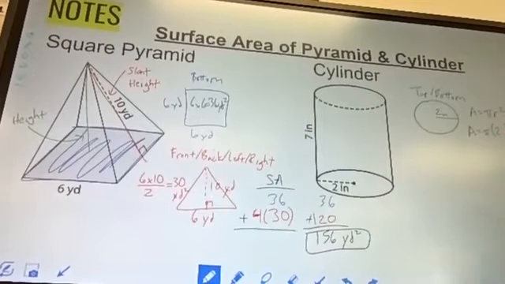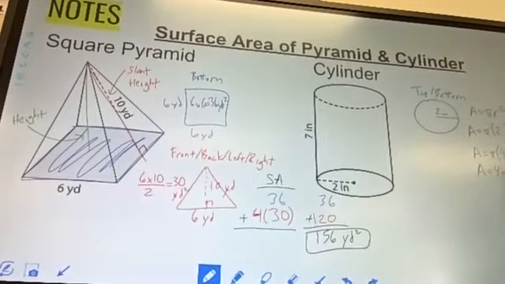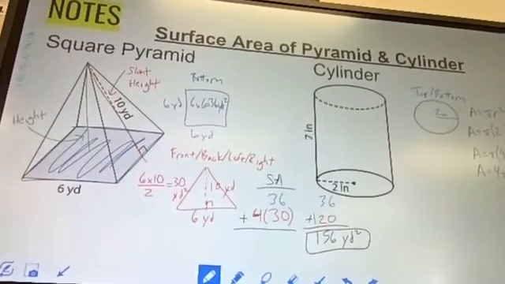And then 2 inches squared means 2 times 2, which is 4 inches squared. And then you multiply that by pi, you get area is equal to 4 pi inches squared. Okay. So that's top and bottom.